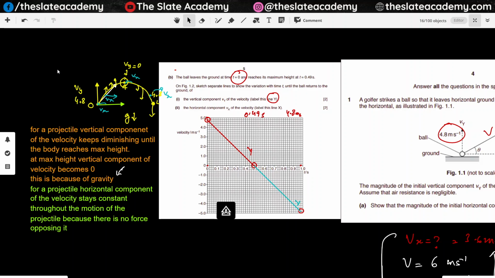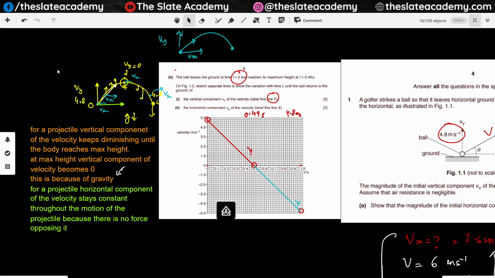So if there is no air resistance and I kick a ball upwards, any change in its speed would be only because its vertical component Vy keeps on changing. Vx stays constant throughout the projectile.